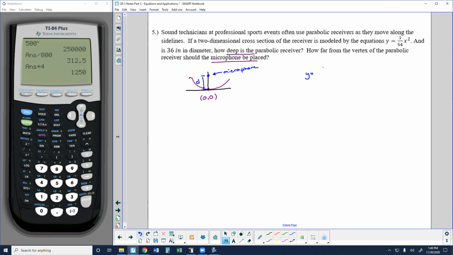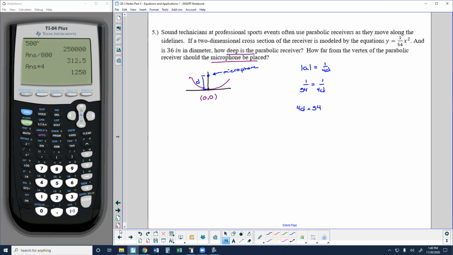Remember from the equation that essentially the absolute value of a is equal to 1 over 4d. Well, we know what a is for this equation. It is 1 over 54. So 1 over 54 is equal to 1 over 4d. If I cross multiply, 4d equals 54.